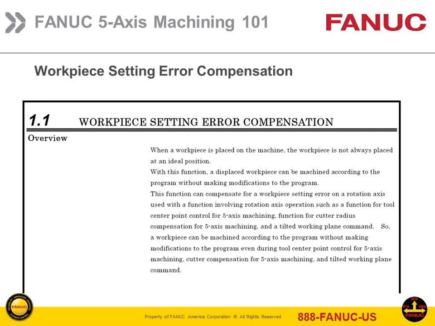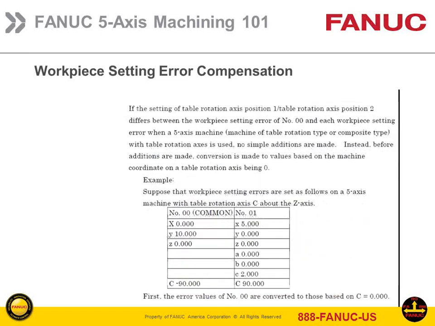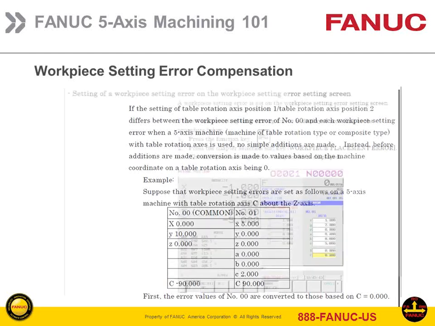With this, you can rotate it around using Workpiece Setting Error Compensation. It's like a work offset. You have 7 different offsets, plus a common that's more like a work shift. And the work shift works in conjunction with the P1 through P7, so it'll work together with those.